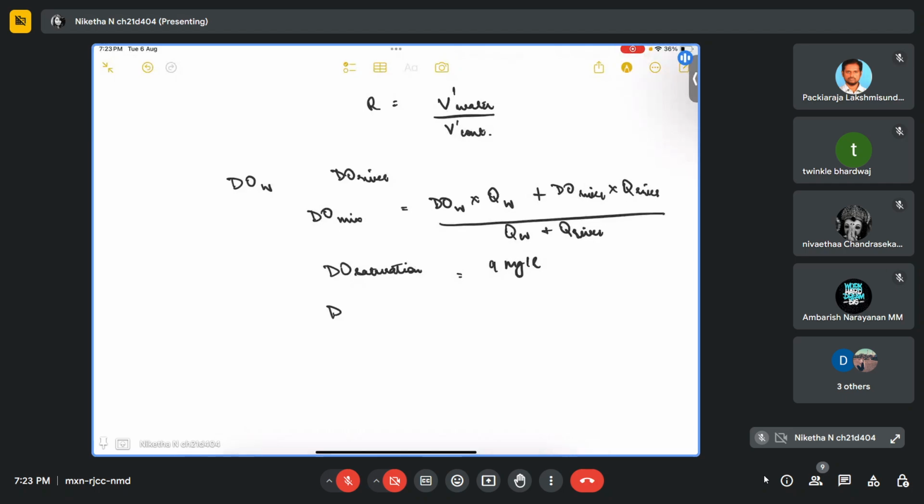So this difference, the DO saturated minus DO of the mix, is going to be your DO deficit.